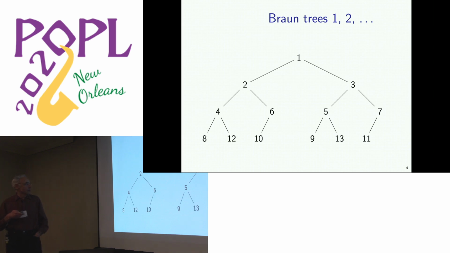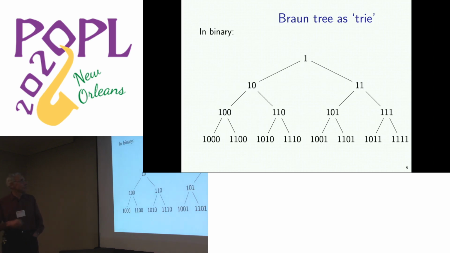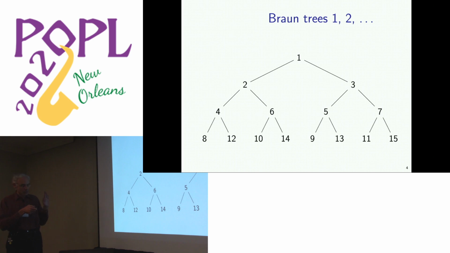And if you look at the full tree, you can also see that all the even ones are on one side, the odd ones are on the other side. So it's got lots of nice properties. And now, how do you use this as an array? You need to index into it. How do you index into it? Well, just to make sure, these are not the contents of the nodes.